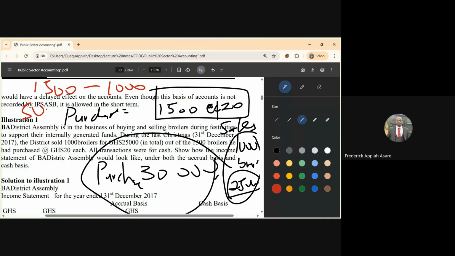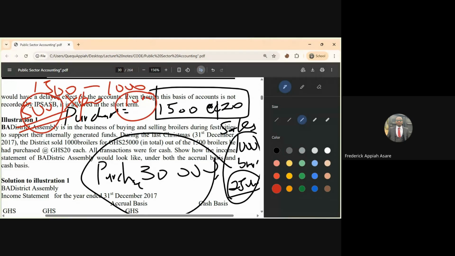500. So when you are using the accrual basis, you consider this closing inventory of 500 beds. The cost of 10,000. So you multiply it by 20 cedis to get 10,000 cedis.